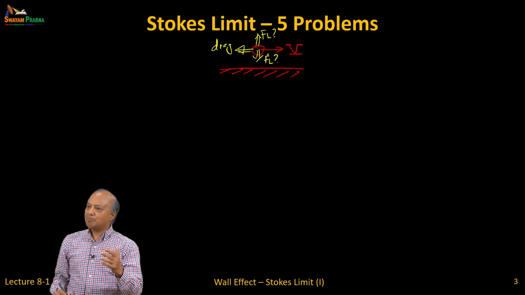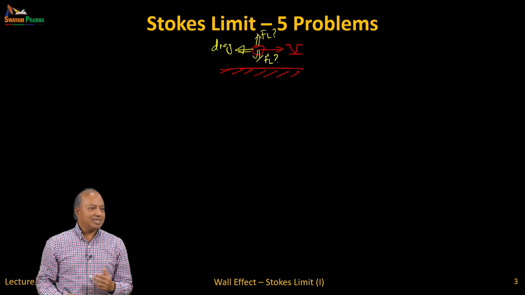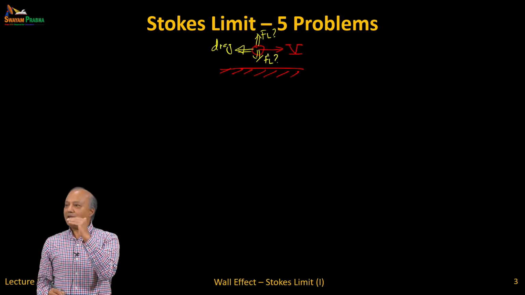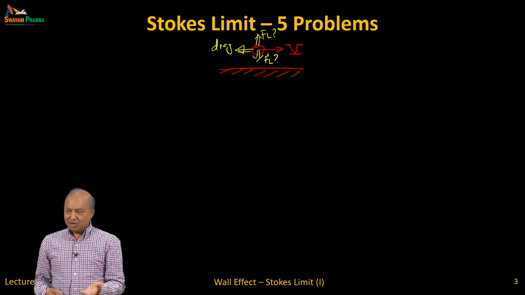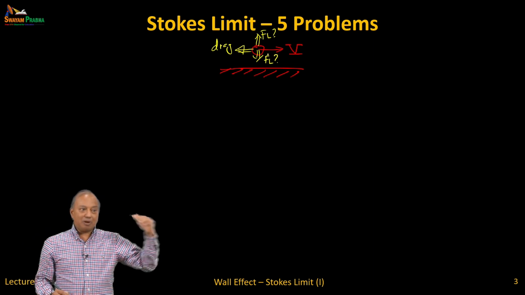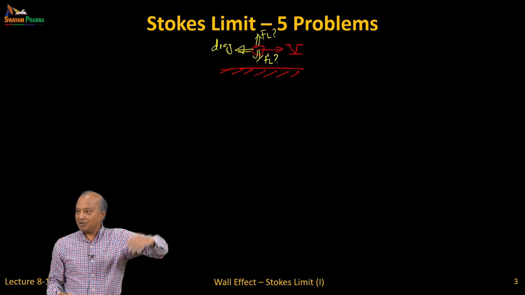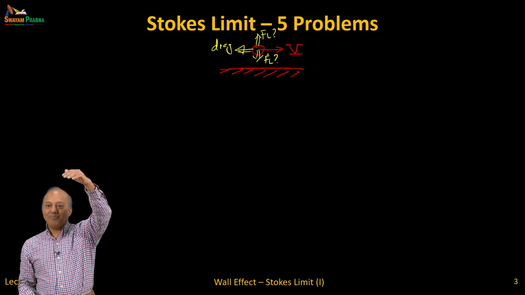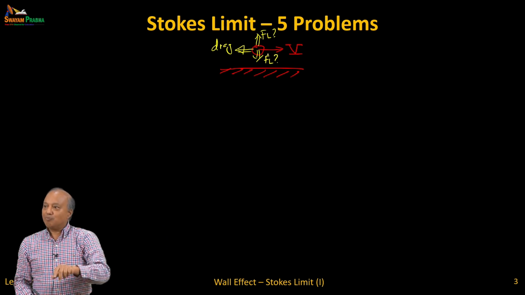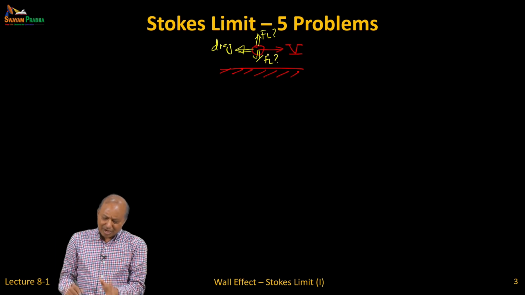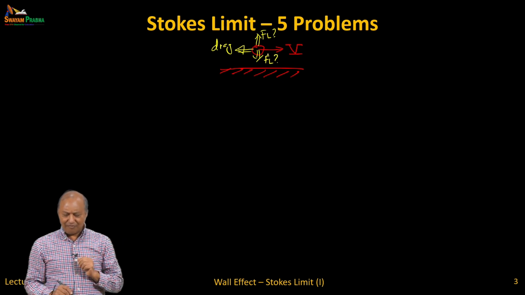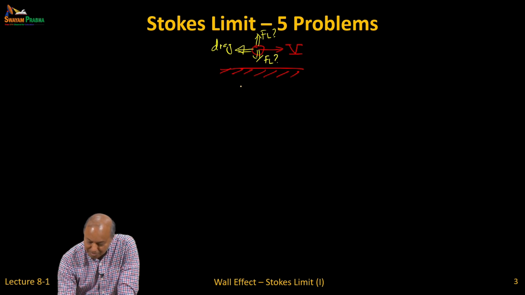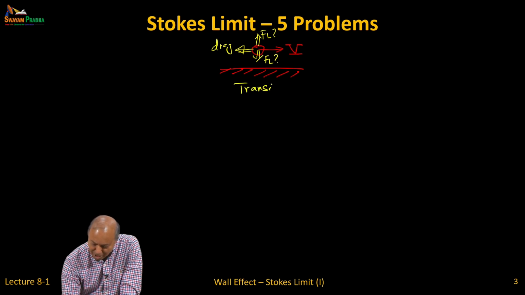And that's why in Silberberg's previous study that I showed, the particle moved away from the wall. But here there is no ambient flow, whereas in that experiment there was a parabolic velocity profile in a pipe flow, and near the center of the pipe the force pushes the particle down. So here I am just asking about the effect of the wall. Let me call this the translation problem.